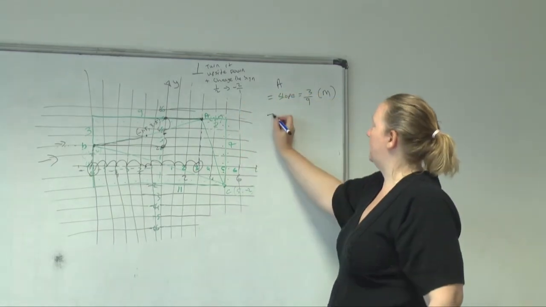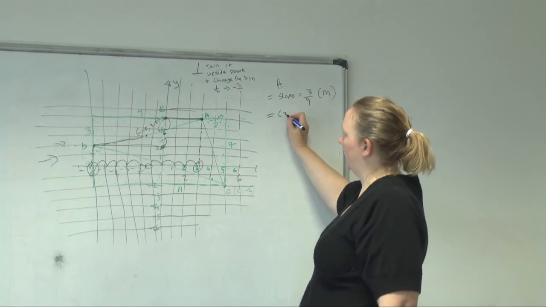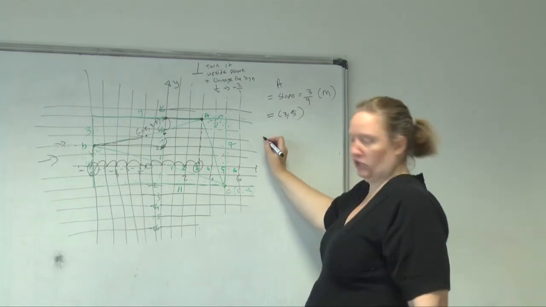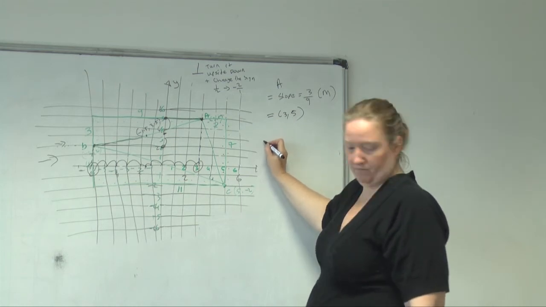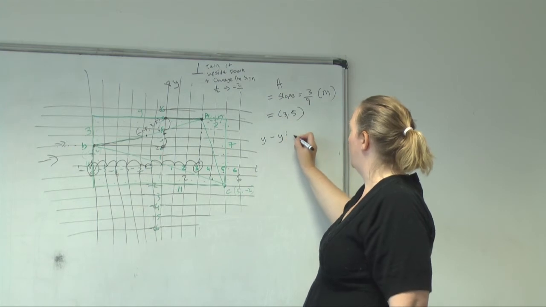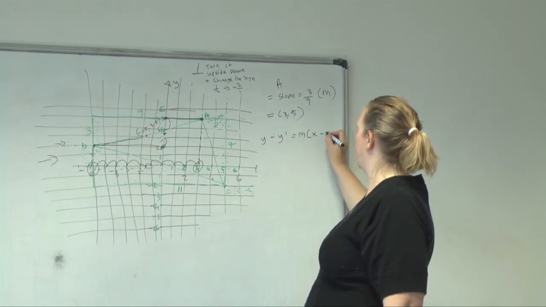So slope is m, you need the point, and the point A is 3, 5. Okay, then your equation is y minus y1 equals m bracket x minus x1.